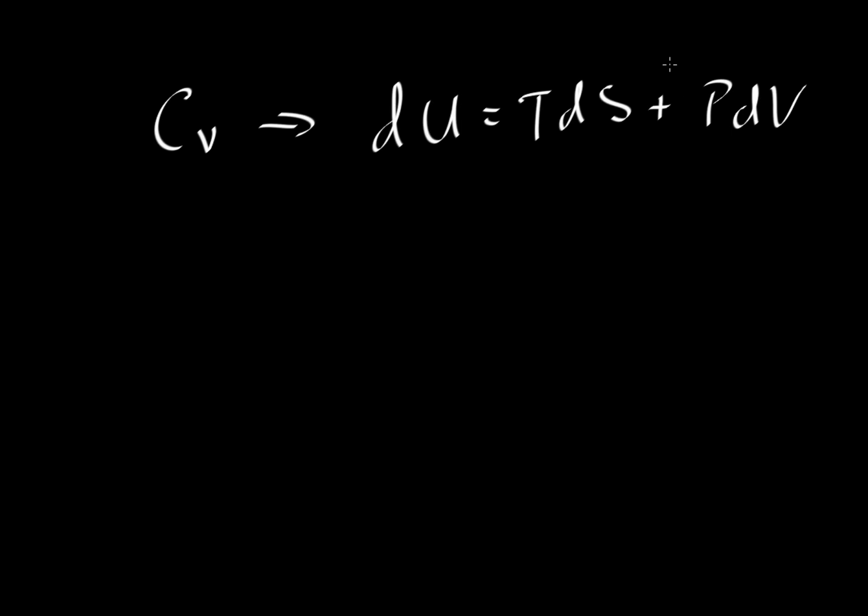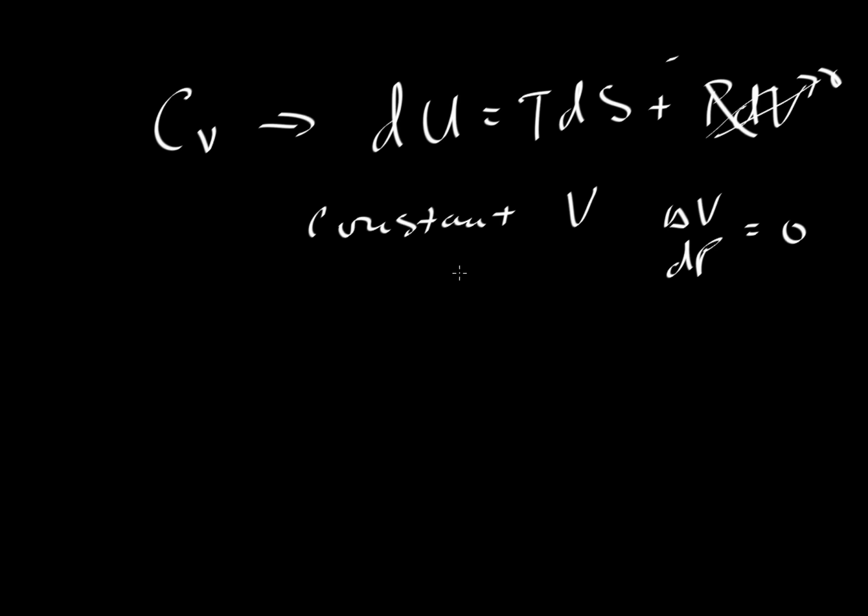Now here we're going to use the geochemical rather than the engineering convention, but it really won't matter because we are going to consider the case not of constant pressure, but of constant volume. So dV is going to be equal to 0. If that is 0, this term drops out. So notice that TdS, which again is dQ, is now equal to the internal energy.